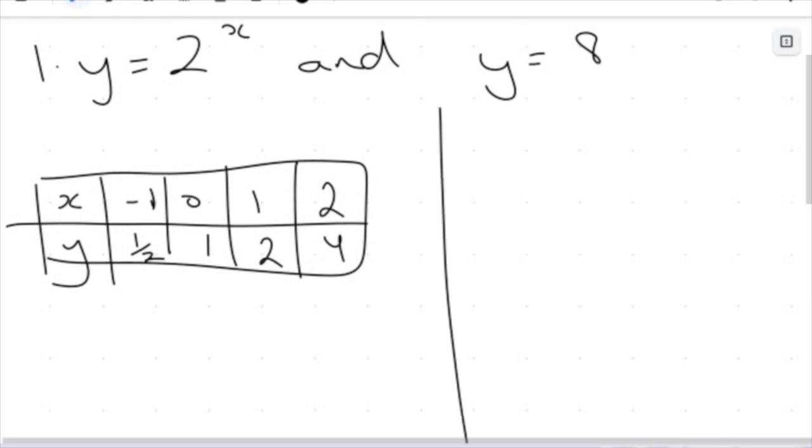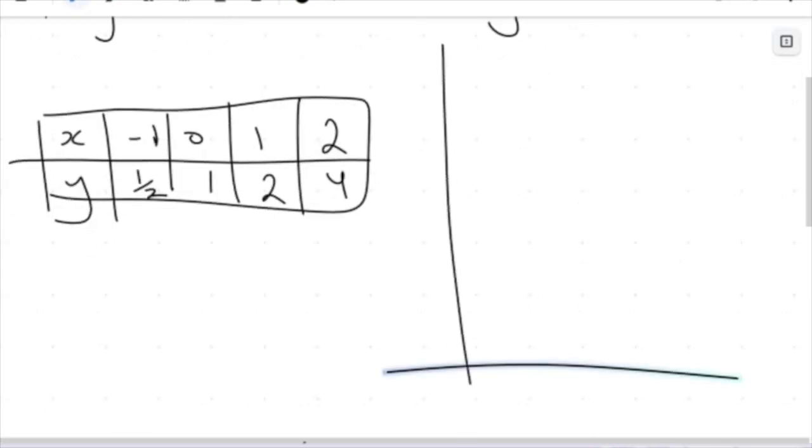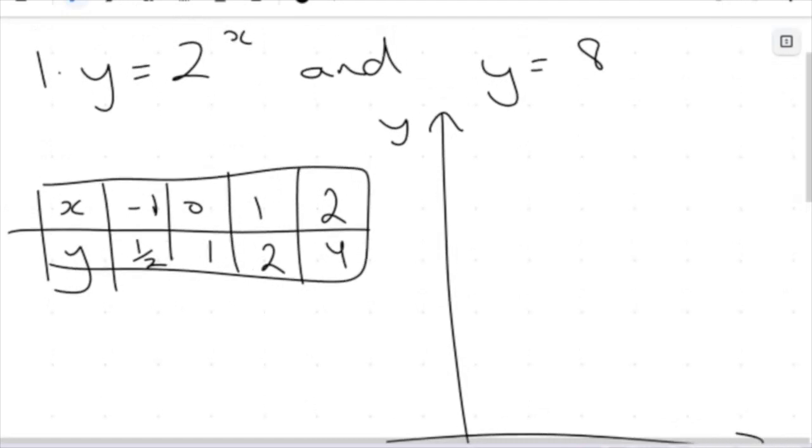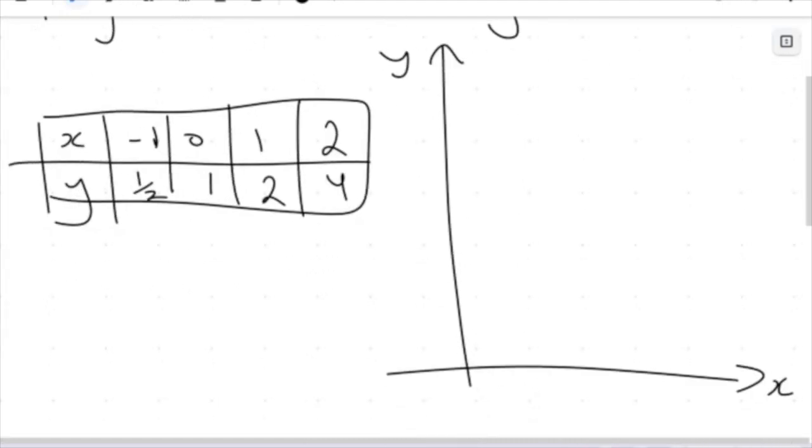So if I go about sketching this, I have an x axis here, I have a y axis, and I'm going to first draw my exponential curve, y equals 2 to the power of x. So that's going to look something like this. And we just want to label in a couple of values here.